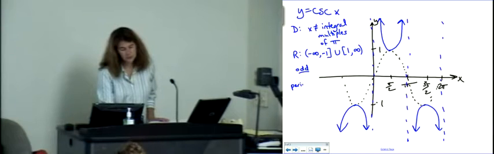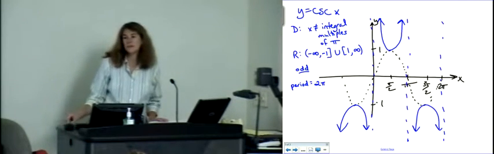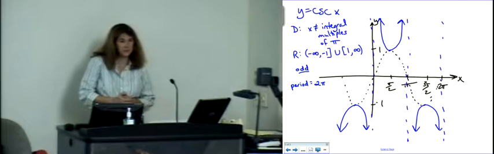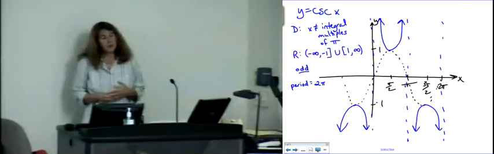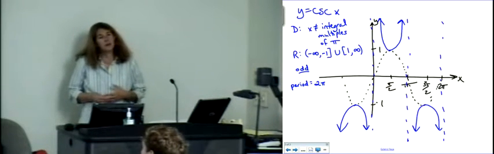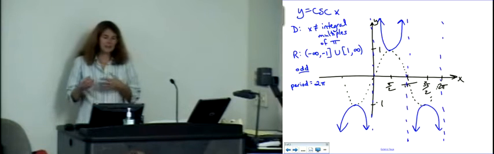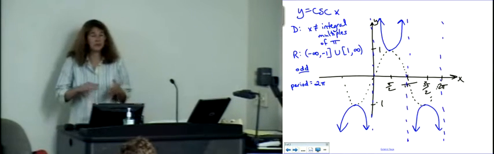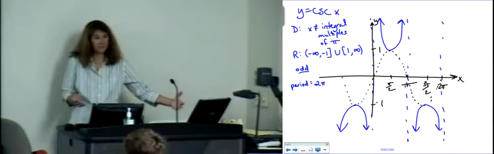Period is still what? Yep, 2 pi. We have one opening up, one opening down, then we repeat every 2 pi units. What about amplitude? We don't really look at amplitude in the same way for a cosecant graph, but what we do remember, in order to get the cosecant graph, we look at the amplitude off the sine function that would go with it.